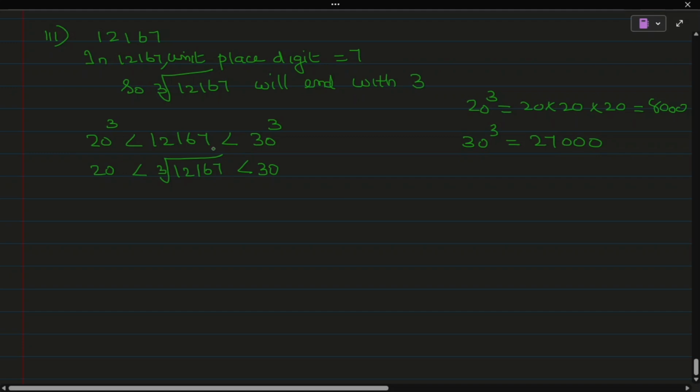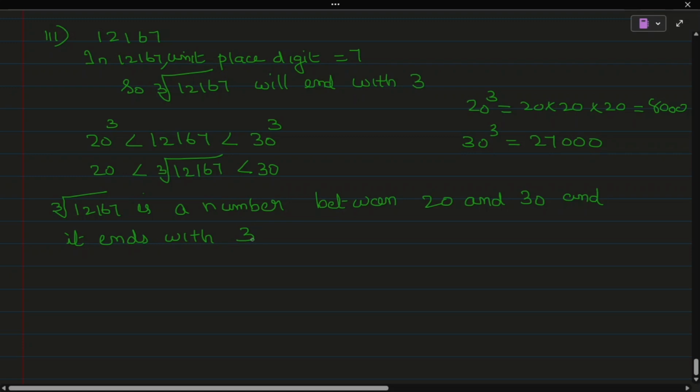So we got a conclusion that the cube root of 12,167 is a number between 20 and 30, and it ends with 3.